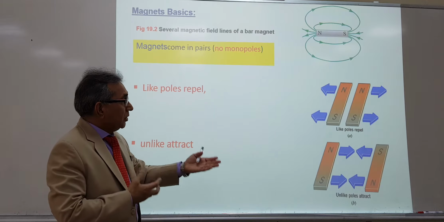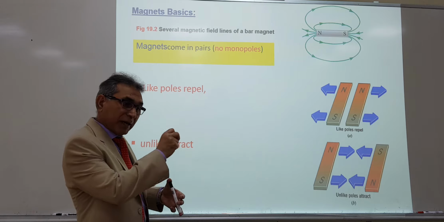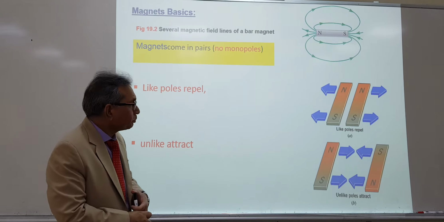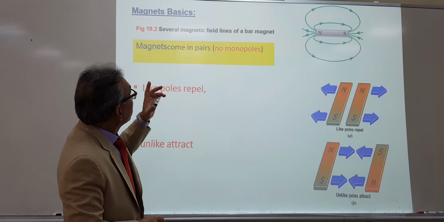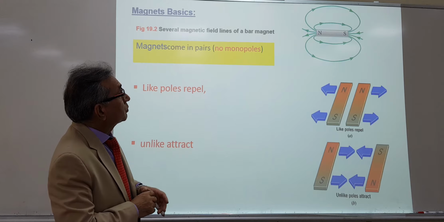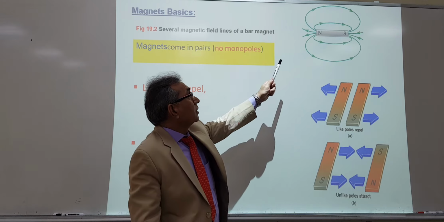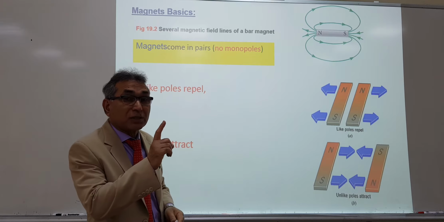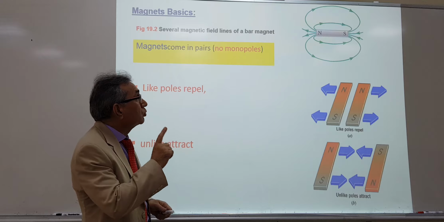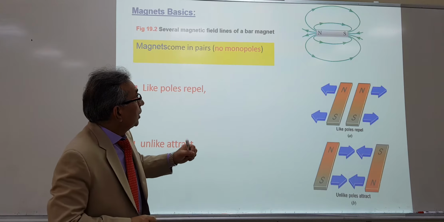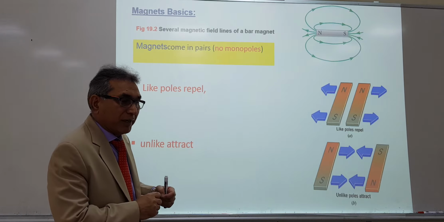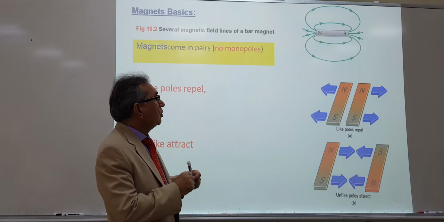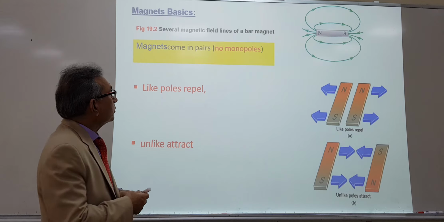You may have a single negative charge, and you may have an electric field around that charge. But keep in mind, in magnets, they are always present as a pair, north and south pole, not a single north or a single south pole. Even if you keep on breaking a magnet into smaller pieces, still it will have one north and one south pole.